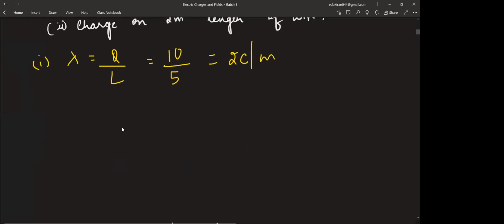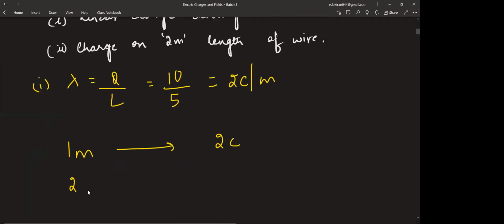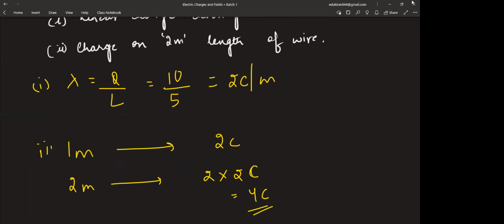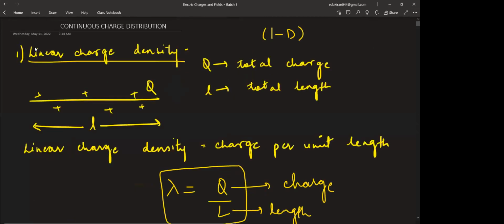On 1 meter, you have 2 coulomb. So on 2 meters, you would have 2 into 2 coulomb, that is 4 coulomb. That's the answer for the second part. This is easy, you'll be able to manage. Write it down quickly.